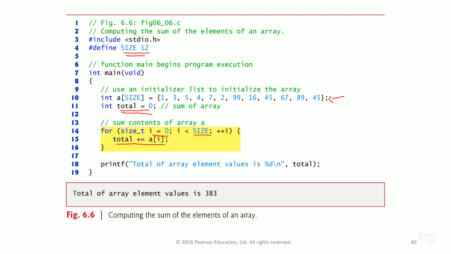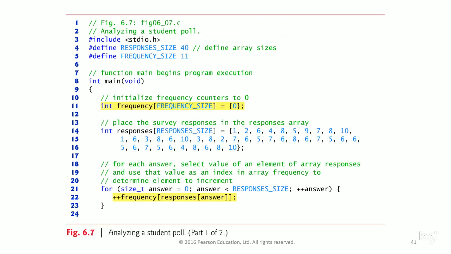The first time you get total plus, which is 0 plus the first value, which is 1, and then the second time through the loop you already have 1 in there, you add 3 to it, and that's how you keep going. This will basically give you the sum of the array elements, which in this case is 383, and you can check whether this is actually the case. So this is another thing which you often will have to do when you are working with arrays.